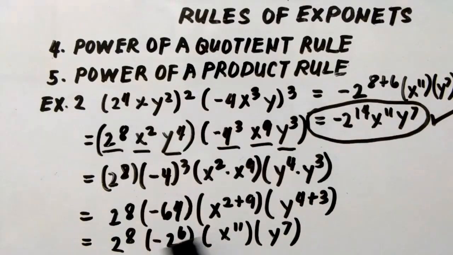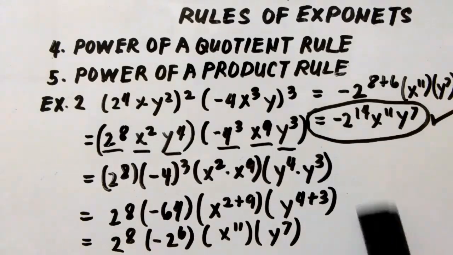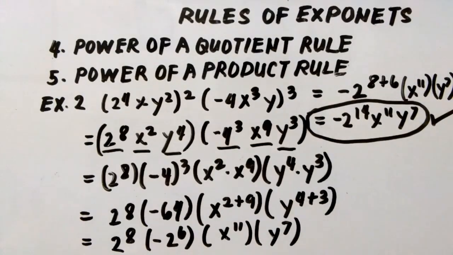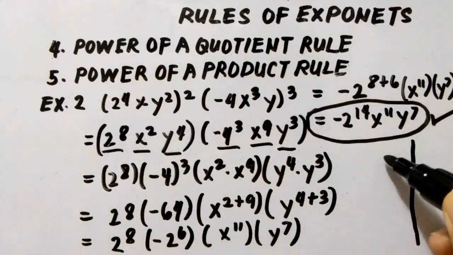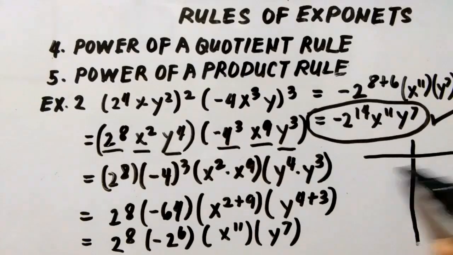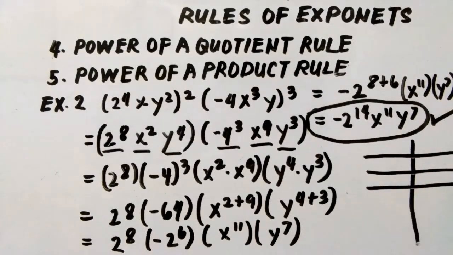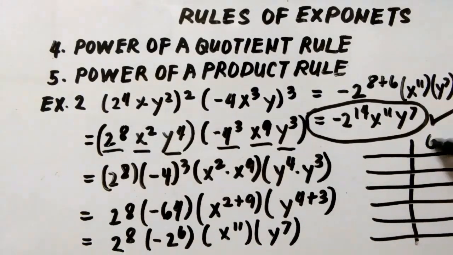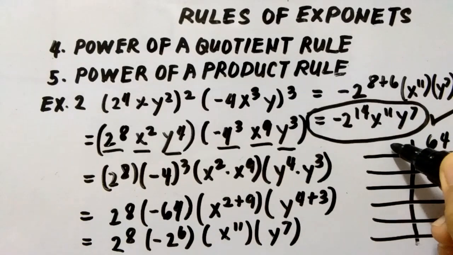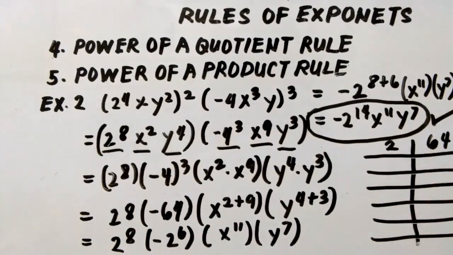Ipapakita ko po dito kung paano nakuha yung 2 to the 6. Gagamit po tayo ng prime factorization. 64 nandito. Divisible po siya by 2.